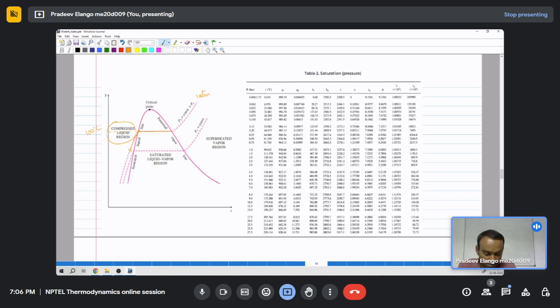After reaching the saturated vapor line, at this point, again 100 degrees Celsius, the entire system is in vapor phase, and beyond this point, after adding further heat to the system, we will see a rise in temperature and also a rise in specific volume. That is why we see around a 45 degree line and not a horizontal line anymore.